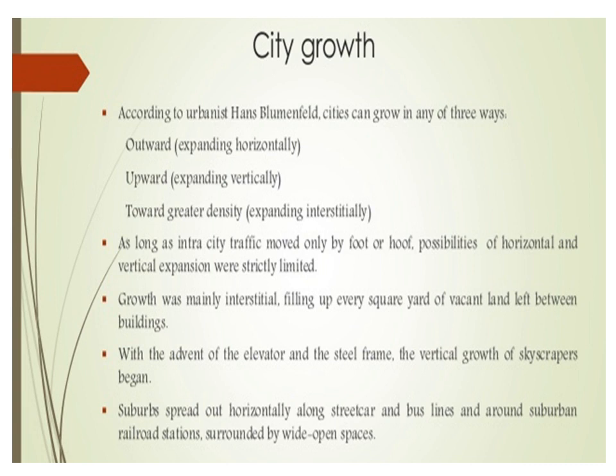Growth was mainly interstitial, filling up every square yard of vacant land left between buildings. With the advent of elevators and the steel frame, the vertical growth of skyscrapers began. Suburbs spread out horizontally along streetcar and bus lines and around suburban railway stations surrounded by wide open spaces.